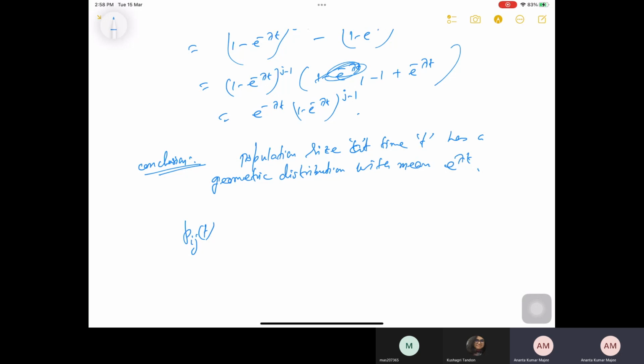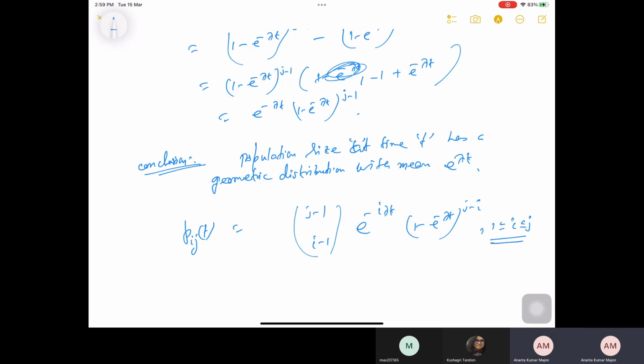So that means P_ij(t) is C(j-1, i-1) e^(-iλt) (1 - e^(-λt))^(j-i), for 1 ≤ i ≤ j.